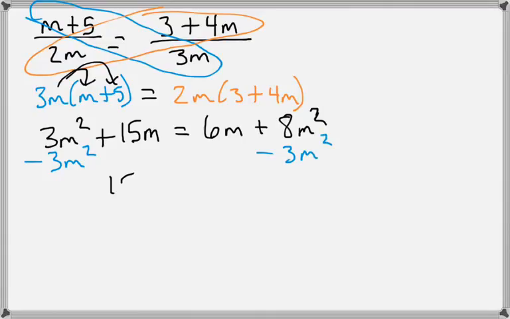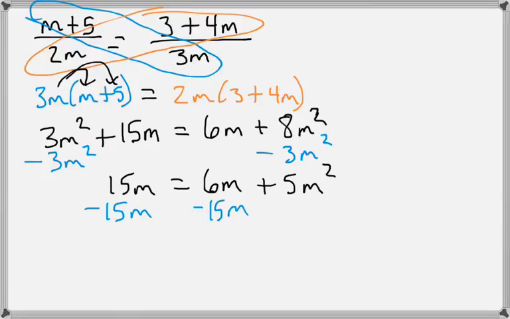That leaves me with 15m is equal to 6m plus 5m squared. Now I can go ahead and subtract that 15m to make this equal 0. So I have 0 is equal to negative 9m plus 5m squared.